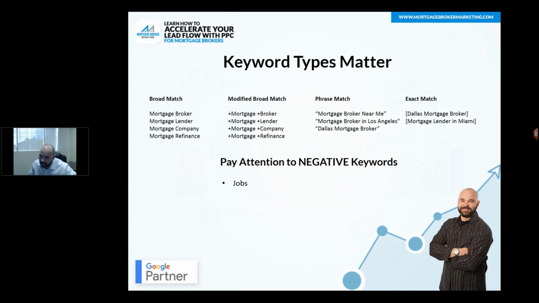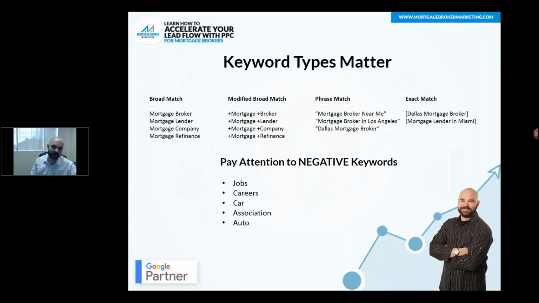Now, if someone put in mortgage broker jobs, and your ad showed, and they just clicked, $10, $11 to go to your landing page. I'm sure your hard-earned pay-per-click dollars can be spent on better key terms, right? Or associations or careers.